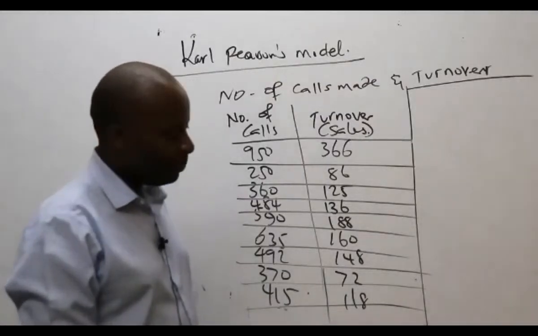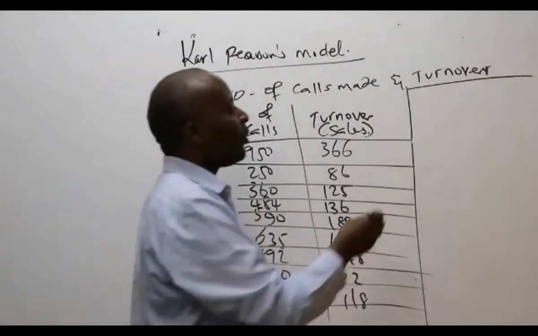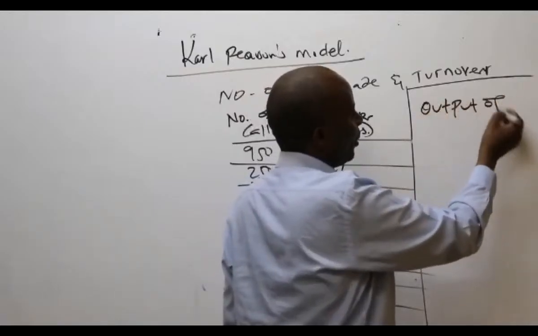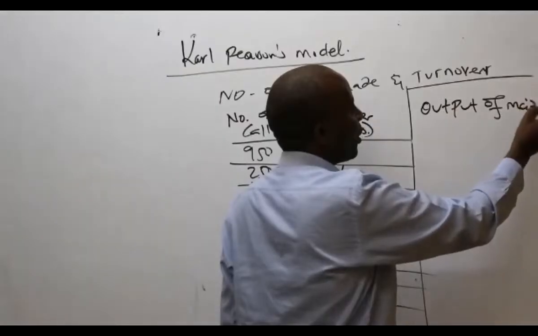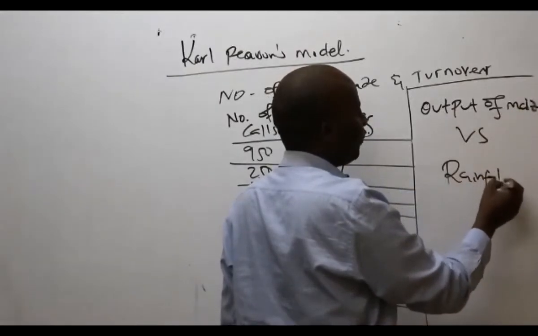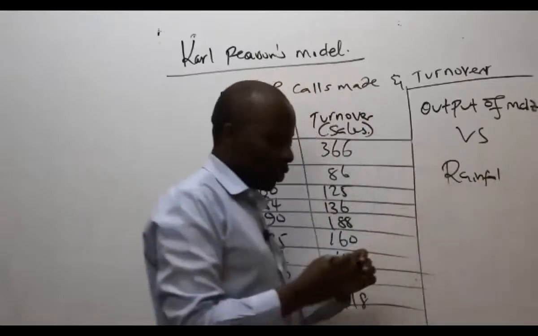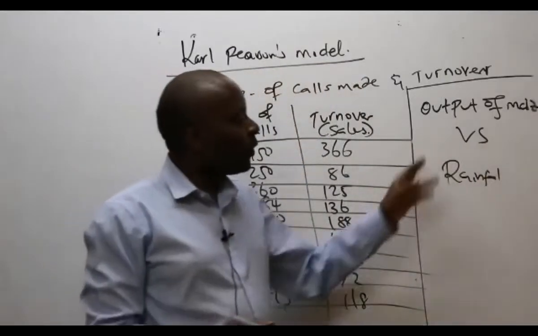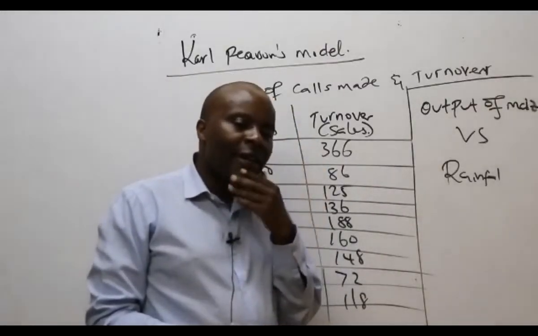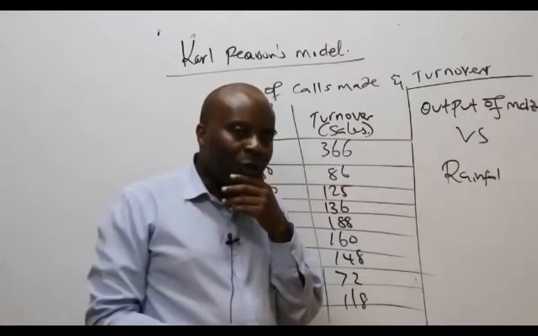Yes, Grace has pinned it. If, for example, you look at output of, let me just use any crop, output of maize, versus rainfall amounts. If you're given two variables of this nature, ladies and gentlemen, here I'm able to see very fast that rainfall amount depends on maize.